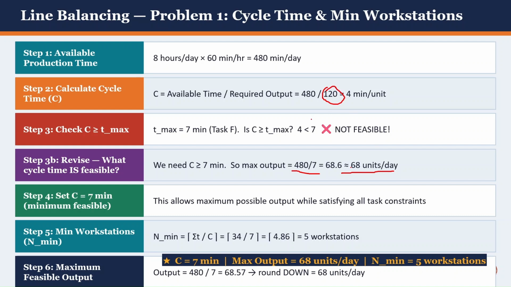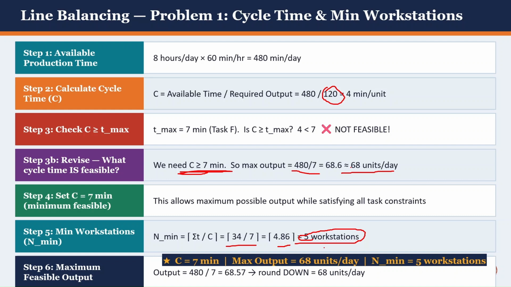Now we need to find the minimum number of workstations. We calculate the summation of T divided by the maximum C, that is 7 minutes. That is 34 by 7, which is 4.586, so it comes out to 5 workstations. So I will require 5 workstations.